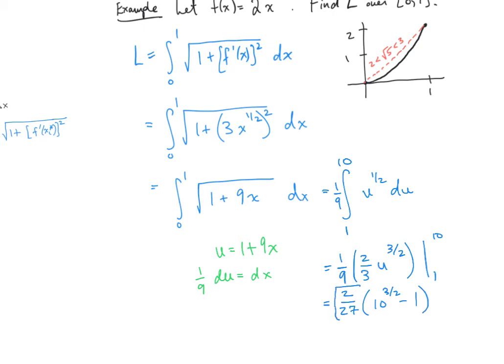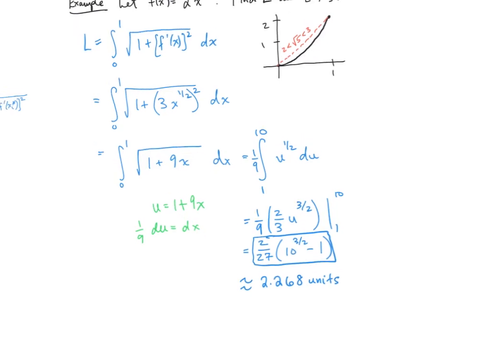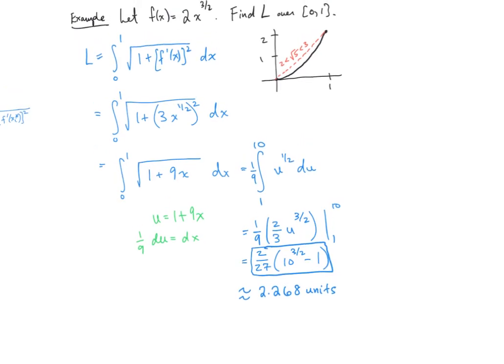And it's perfectly good. But if you plug that into your calculator, I think you'll get something like 2.268 units, which makes sense, right? We guessed that it was going to be something like that because it's slightly bigger than the square root of 5.